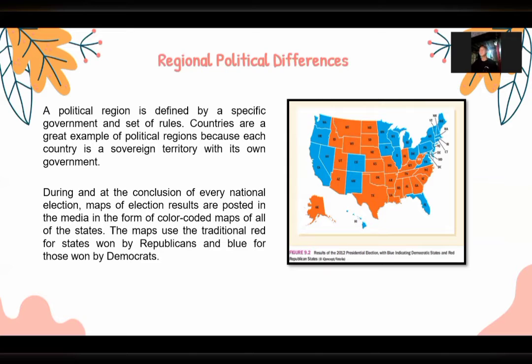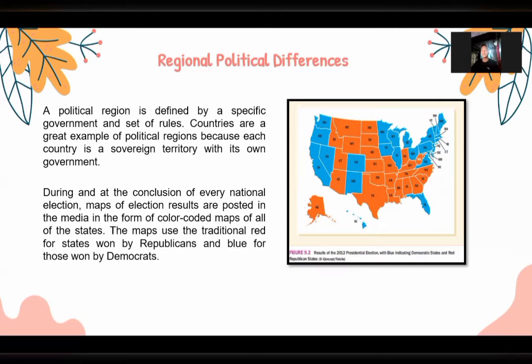Now for the last part of my coverage, we have the regional political differences. A political region is defined by a specific government and set of rules. Countries are a great example of political regions because every country is a sovereign territory with its own government. Here we have the map of the US, which shows the 2012 presidential election cartography.